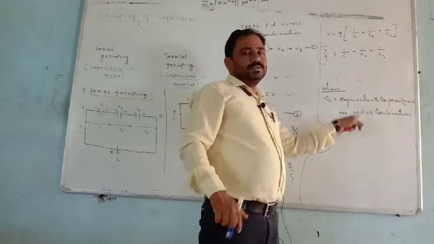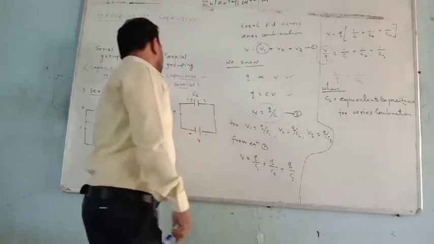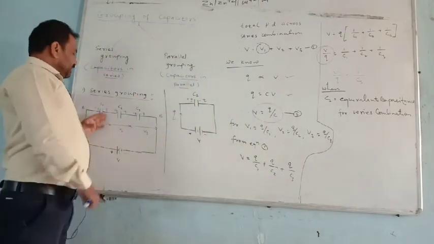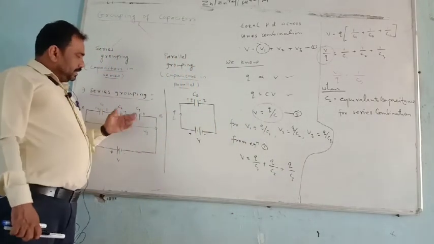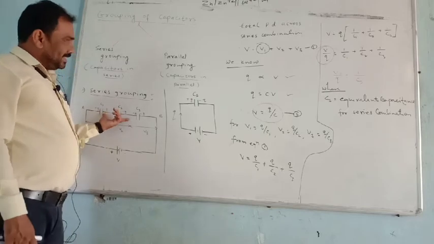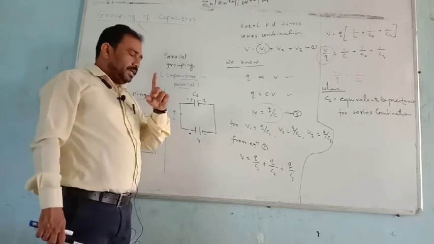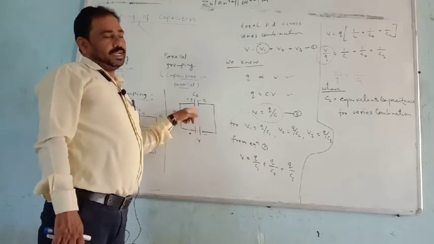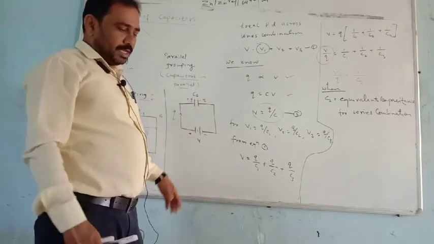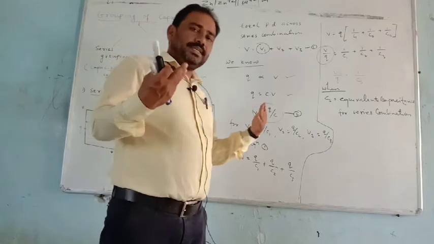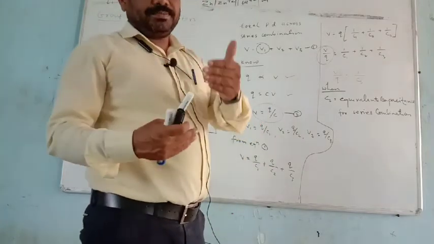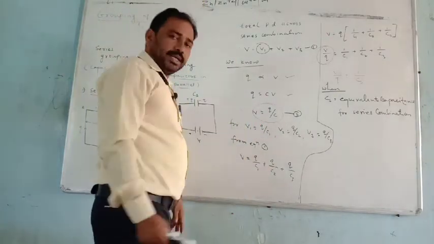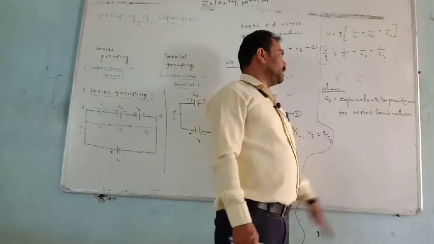Equivalent capacitance means a single capacitor. So instead of these three capacitors, C1, C2, C3, we can replace them by this one single capacitance, CS. The effect of CS and the addition of C1, C2, C3 are both the same. So that is called equivalent capacitance.